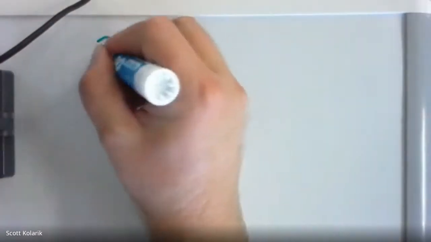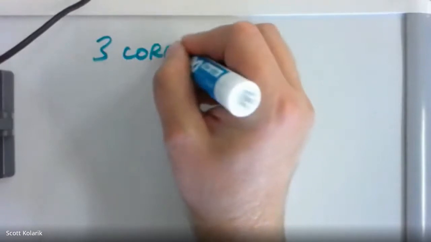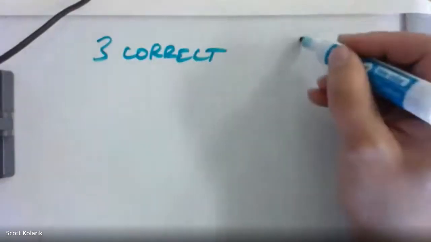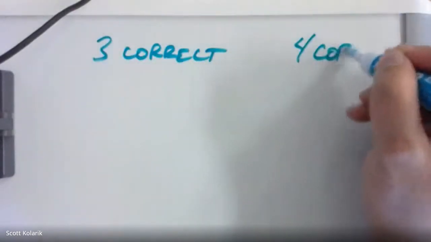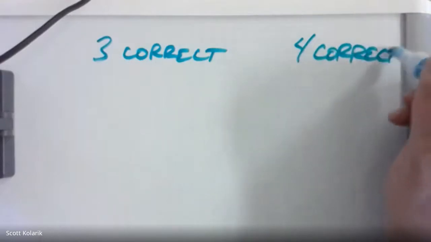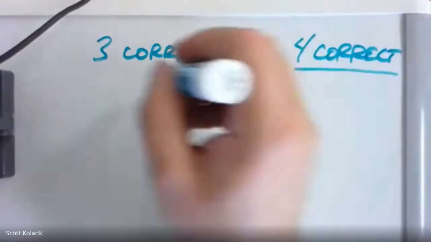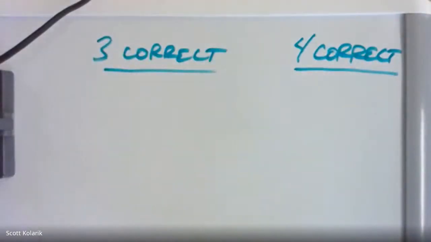But now I want to count the number of ways to get at least 3 correct, which means I could either get 3 correct or 4 correct. I can't get 5 correct on a 4-question quiz, but those would be my 2 possibilities in this case.